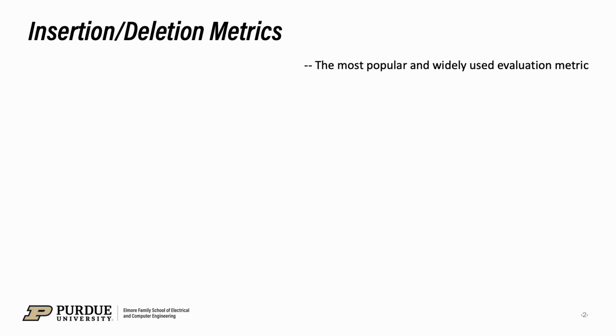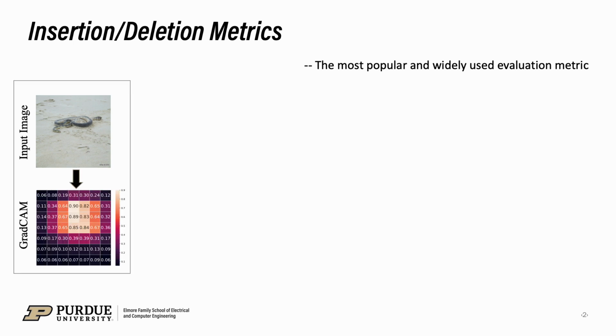The most popular and widely used explanation metric is the insertion-deletion metric. It appears in almost all literature that involves evaluating attribution methods. Here, we use Grad-CAM as an example to show how it works. Given an input image and a prediction, attribution methods such as Grad-CAM provide a heat map representing the important values of features.